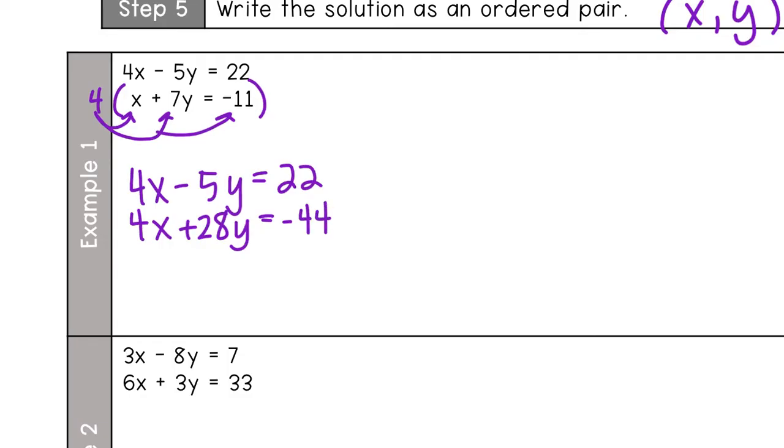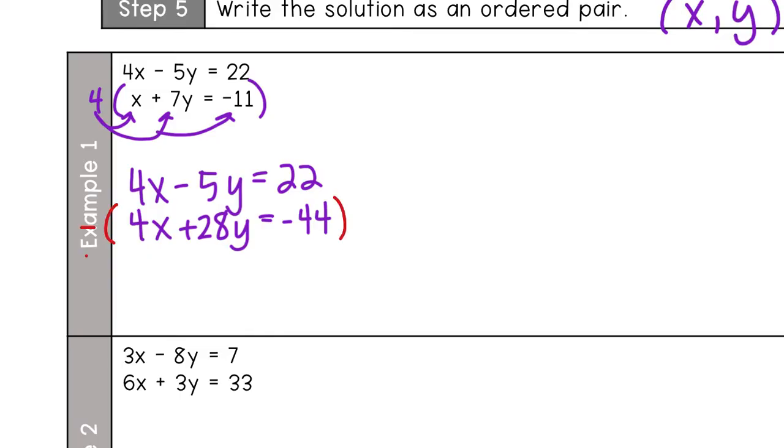So now that I multiplied by 4, just check it out. The x's are still lined up. The y's are still lined up. But now I have a variable where the coefficient is the same. They are both 4.